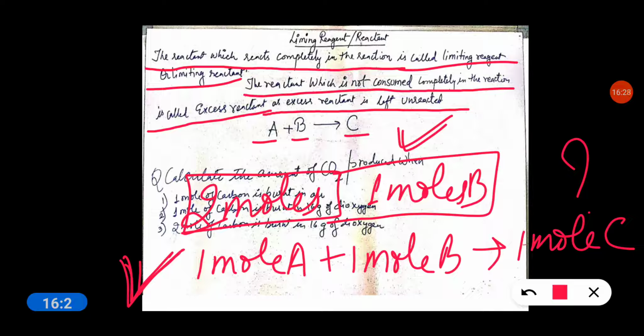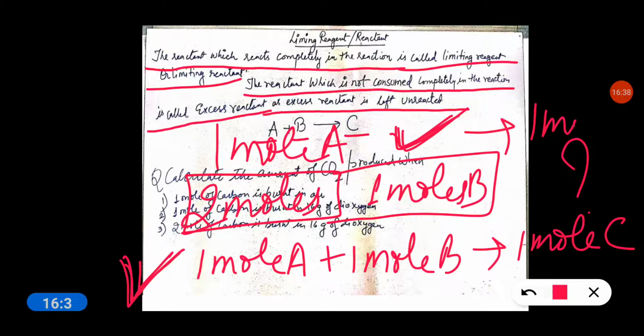So what to do? You do not have any other option. You will use 1 mole of B and 1 mole of A. So you will get 1 mole of C. In this condition, your B will finish because you have used all the B molecules.